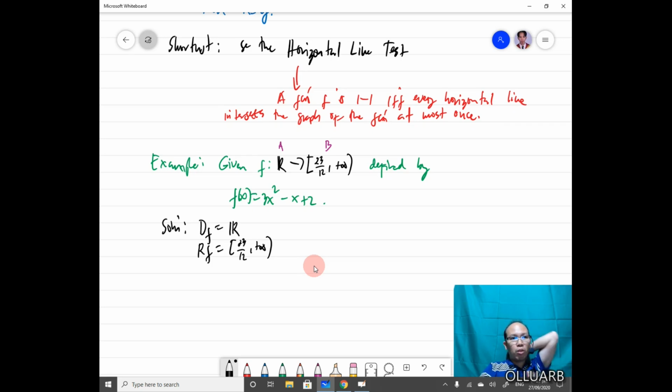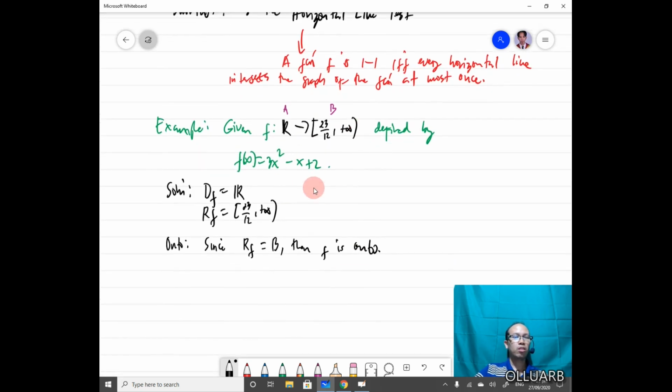Okay, so for the onto, since the range is equal to the codomain, then f is onto. Okay, that would be easy, based on the given.